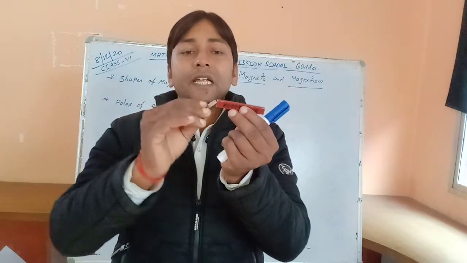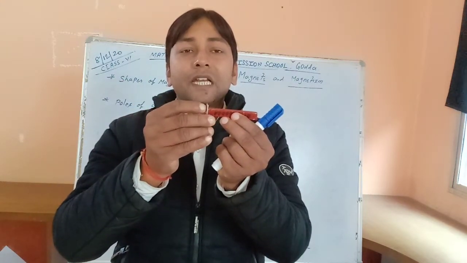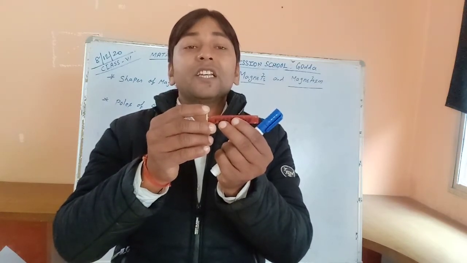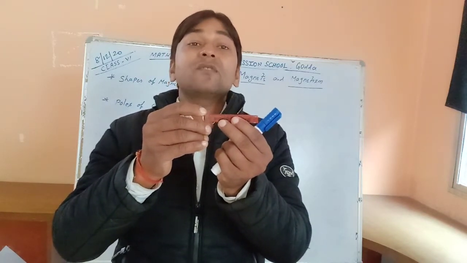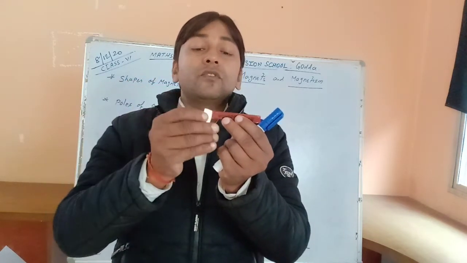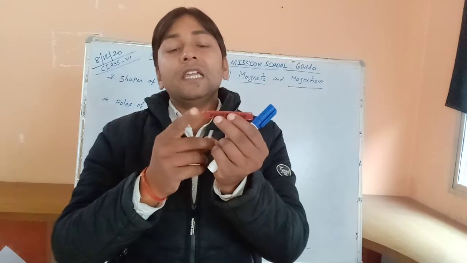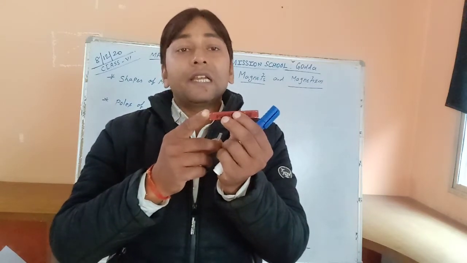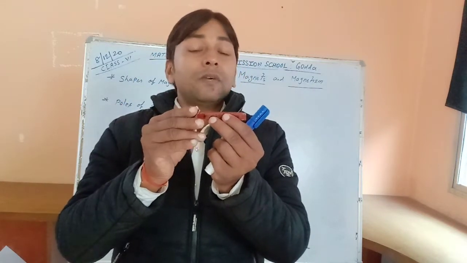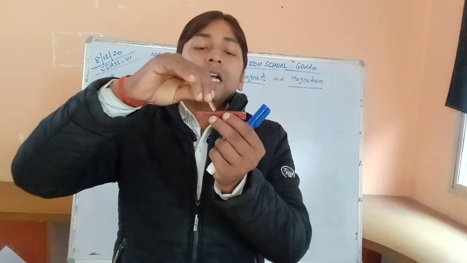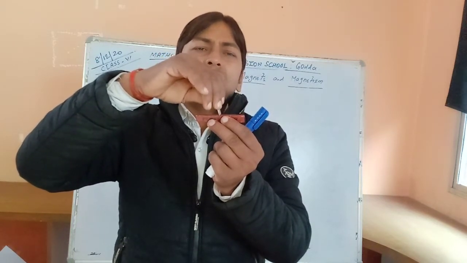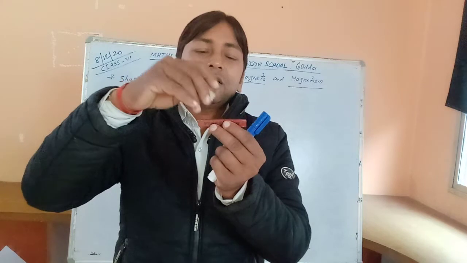When you move from the middle to the end of the magnet, the attraction power, or you can say magnetic force, is maximum at the ends of the magnet. When you move towards the middle, it is least.